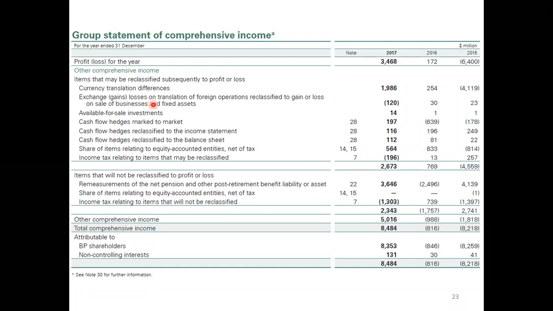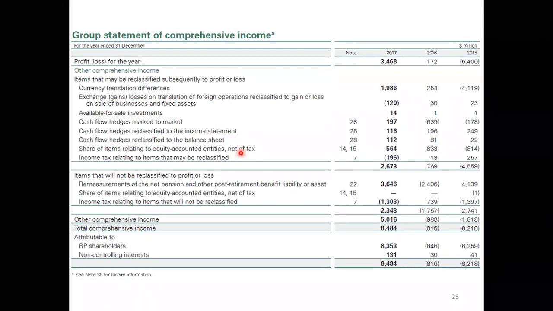Exchange gains and losses on translation of foreign operations reclassified to gain or loss on sale of business and fixed assets. Available for sale investments, cash flow hedge, mark to market, cash flow hedge reclassified to the income statement, cash flow hedge reclassified to the balance sheet.